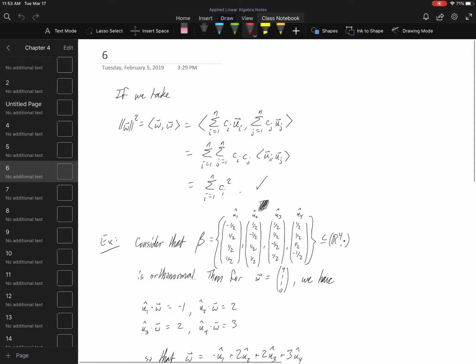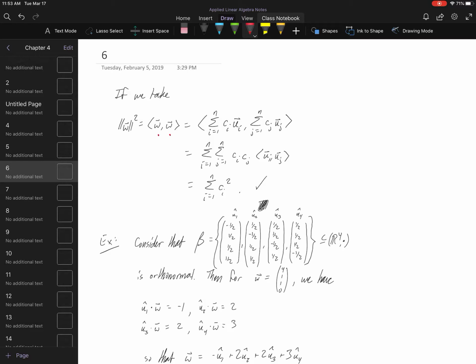All right, and once we've established that we have the orthonormal basis, then we take the inner product of w with itself. And again, it's a matter of how do these guys combine to create a whole bunch of zeros. So we see in this computation that we're invoking bilinearity again to show that we're going to wind up with a delta ij.